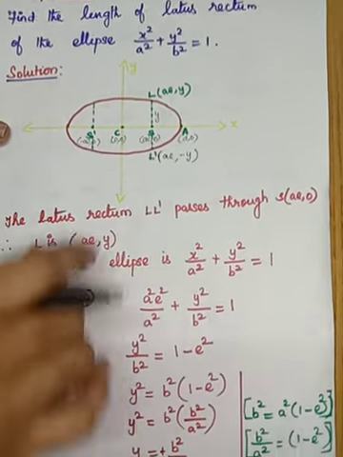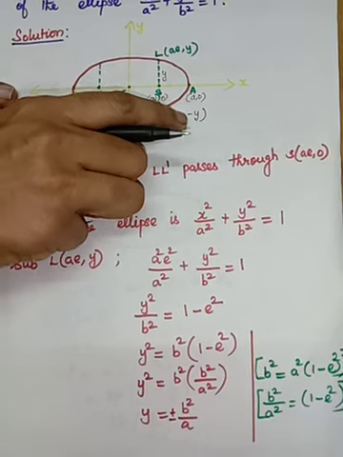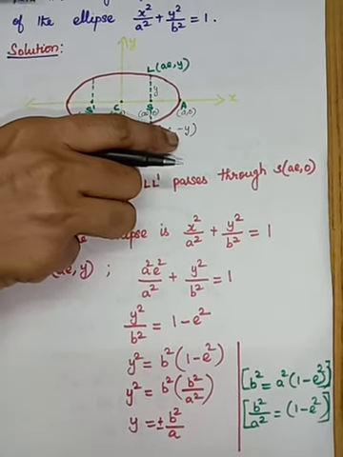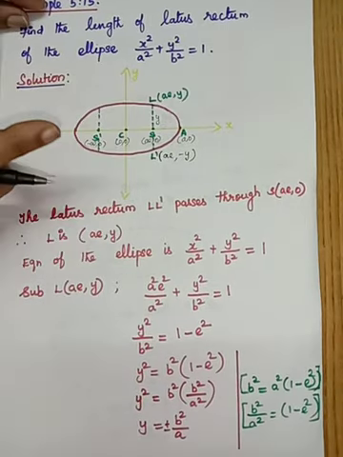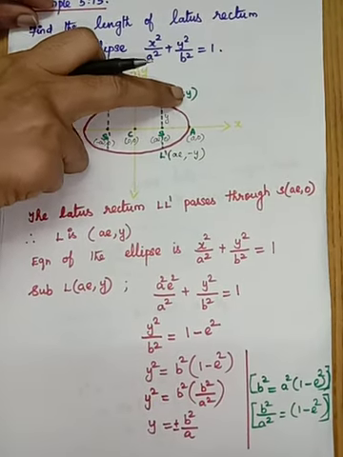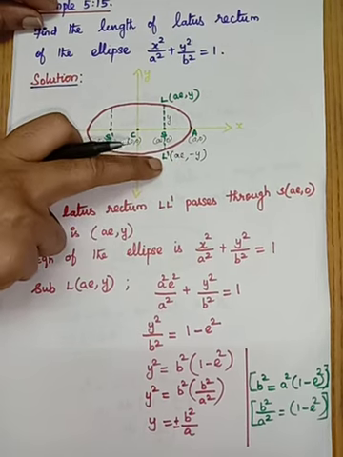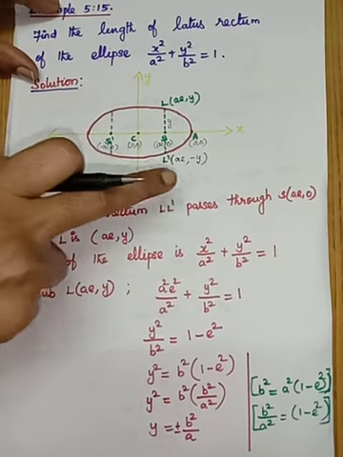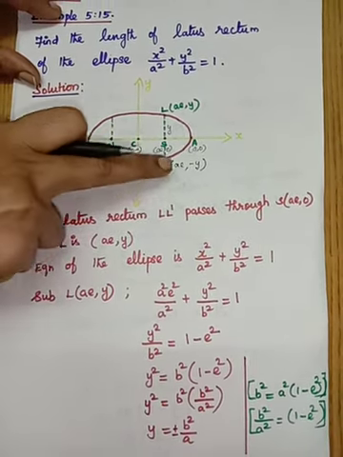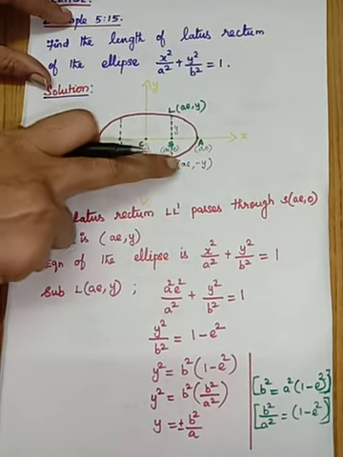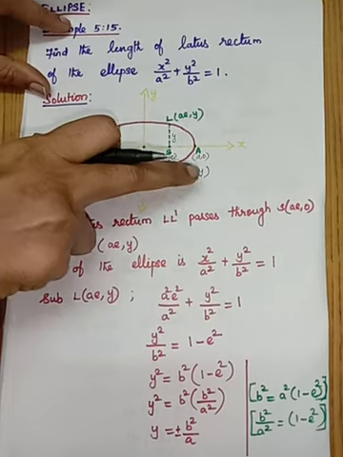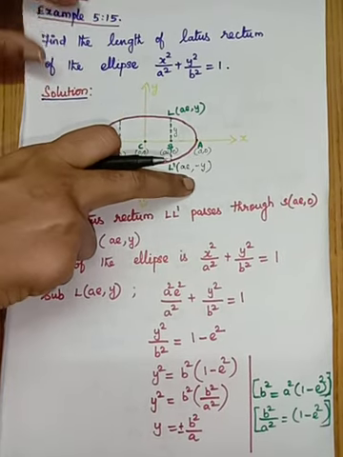It is b squared by a. So L is (ae, y), that is (ae, b squared by a). Here L dash is in the fourth quadrant, so x is positive and y is negative. It becomes (ae, minus y), so (ae, minus b squared by a).